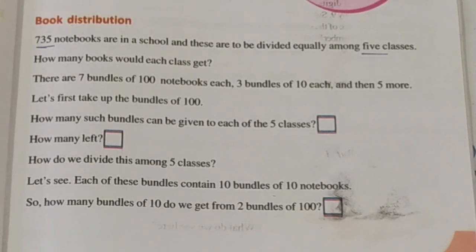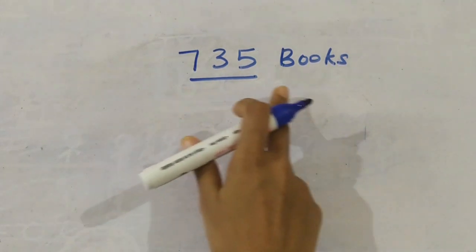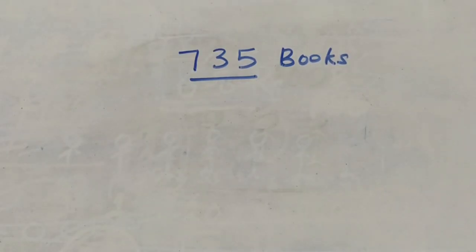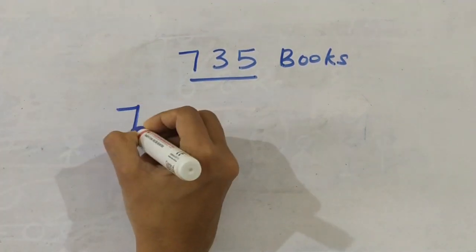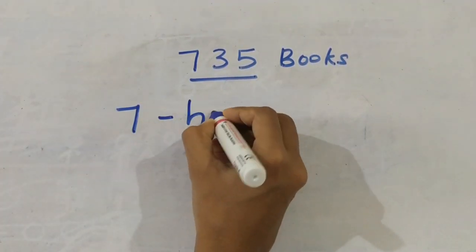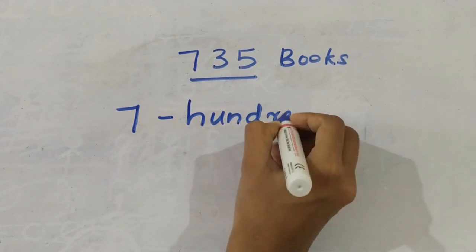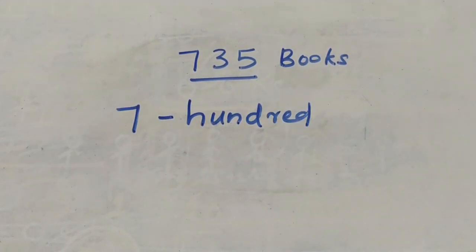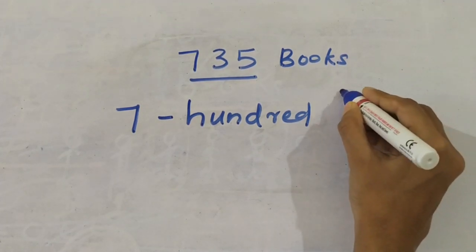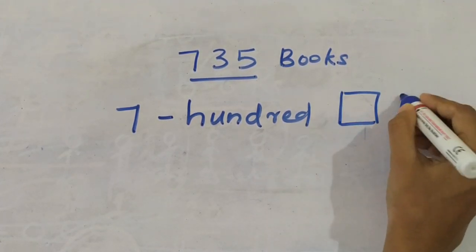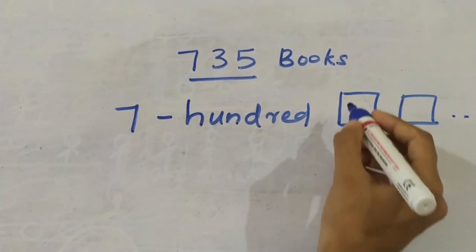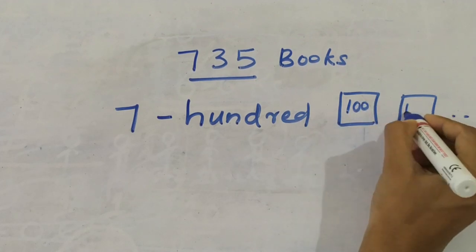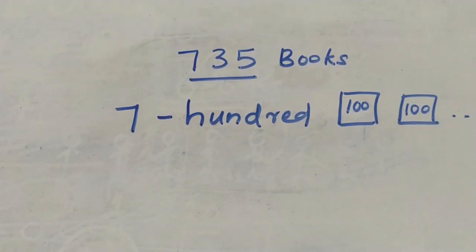Let us find that. There are 735 books. That means 700, which is 7 bundles of 100 notebooks each.